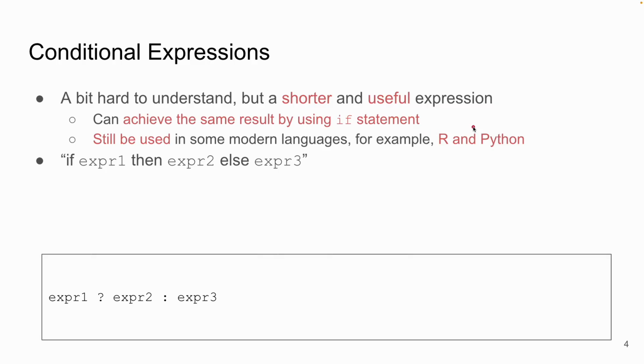And we can also use the conditional expression in C. To understand what this expression means, the simplest way is: if expression 1 is true, then do expression 2, else do expression 3.